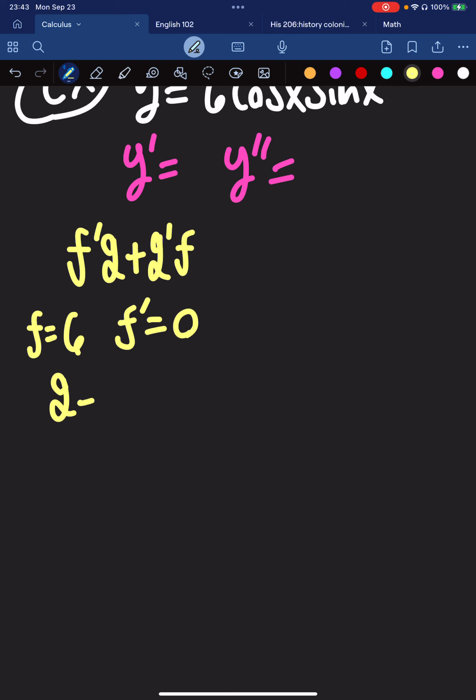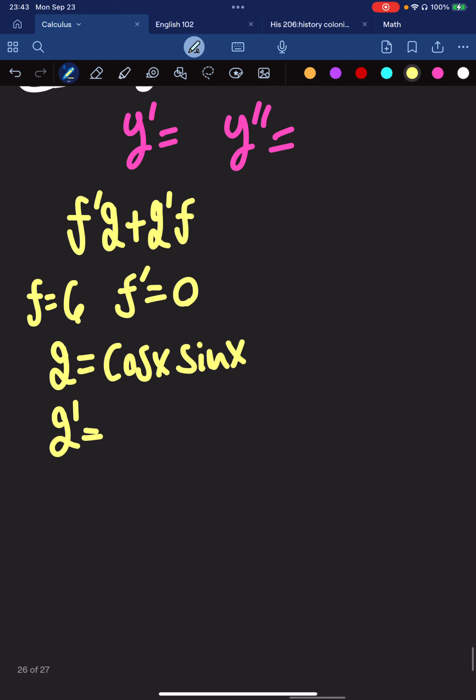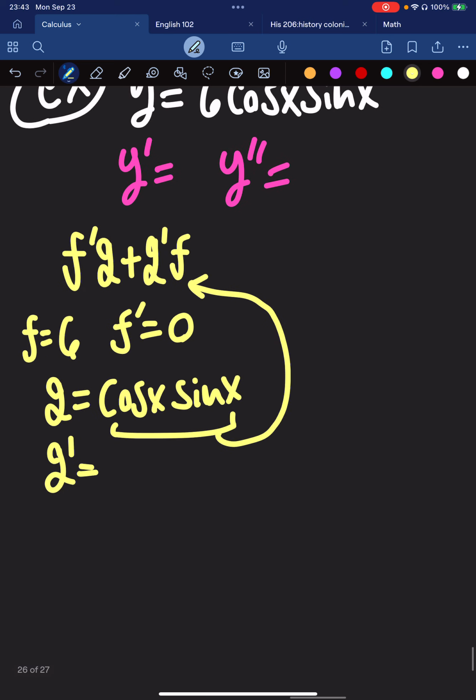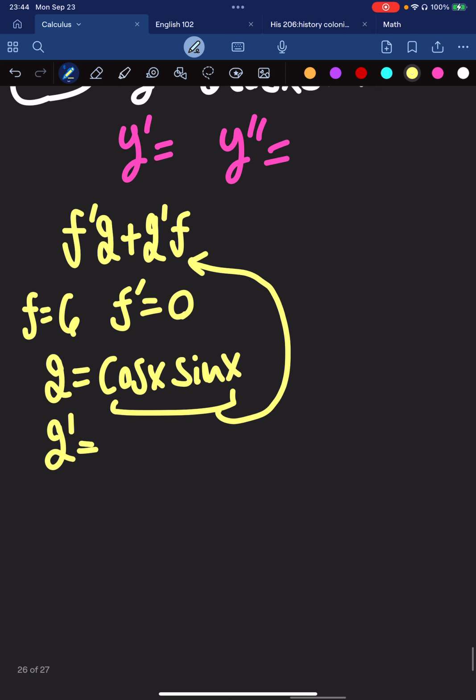And then g will equal cosine x times sine x. Now g prime, we have to differentiate this. Notice that this is also a product, so we will have to differentiate this using that. So in a way, it's kind of like differentiating within a differential.